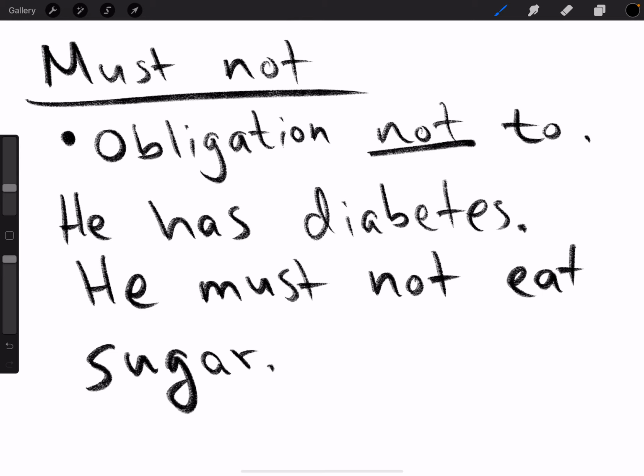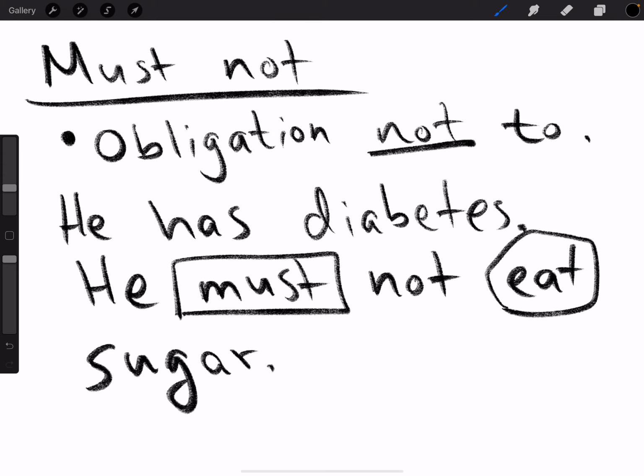Okay, so again, must will never change. Okay, and here it's the base form of the verb to eat. Okay, so he has an obligation not to eat sugar. He cannot eat sugar.